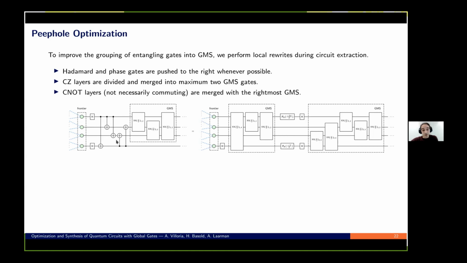But by pushing these 2 CNOTs into the global gate that we already have before, which we can do, then we save one global gate, because then we only need one GMS to compile these 3 CNOTs over here.